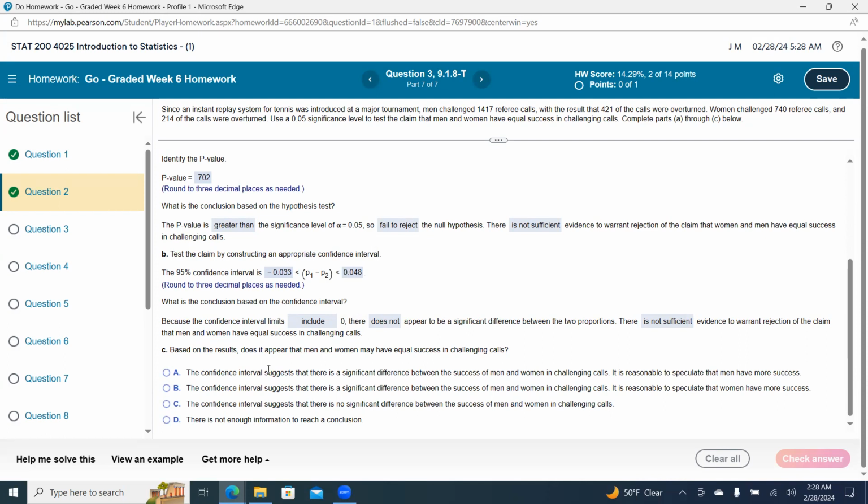Based on the results, does it appear that men and women have equal success in challenging calls? The answer is yes, because we didn't find it significantly different from 0, both the hypothesis test and confidence interval.